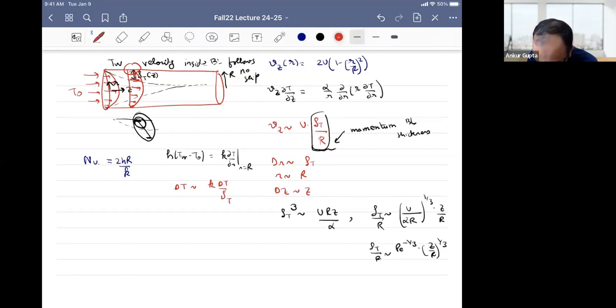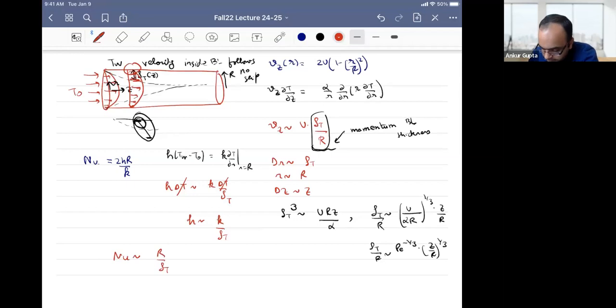Here this gets cancelled, so h scales as k by delta T, and finally that means Nusselt's number scales as R by delta T.